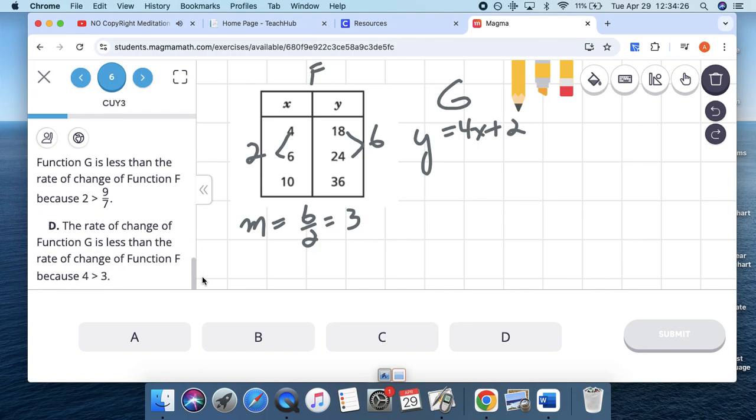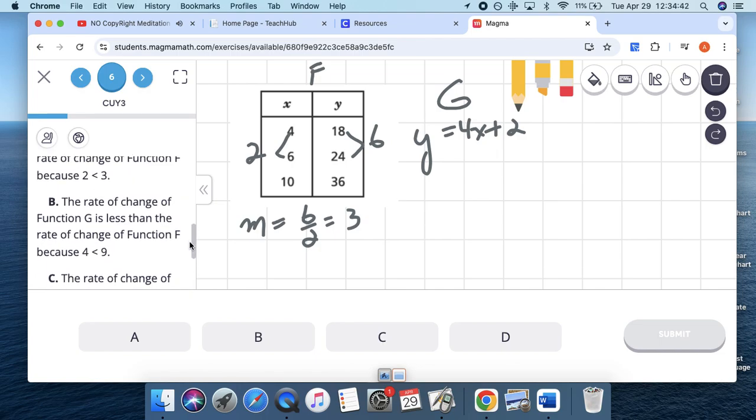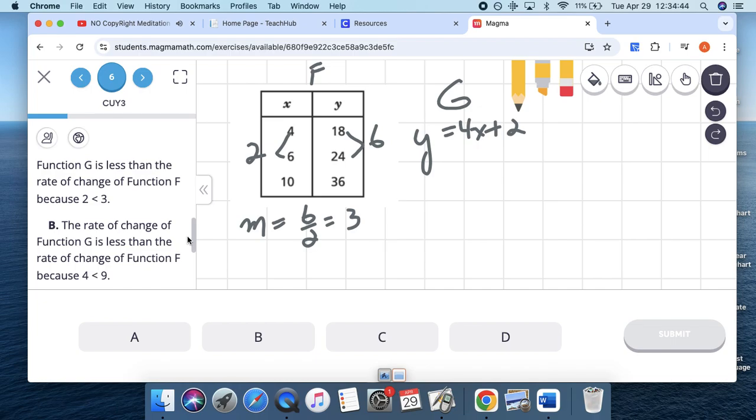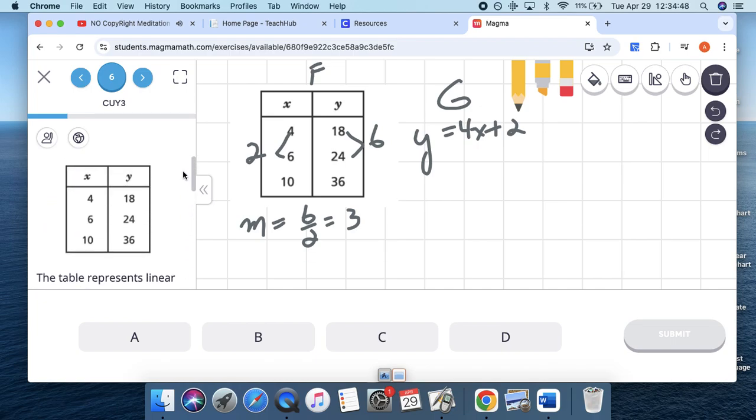Did I do something wrong here? 24 minus 18, that's 6. 6 divided by 2 is 3.